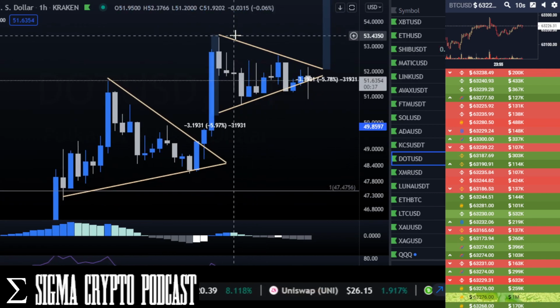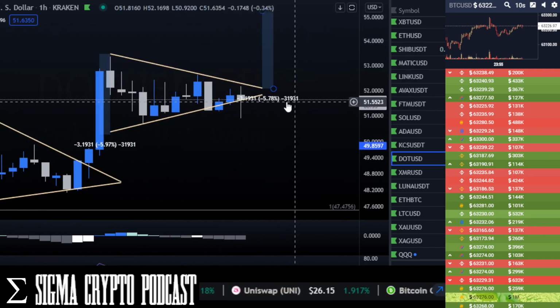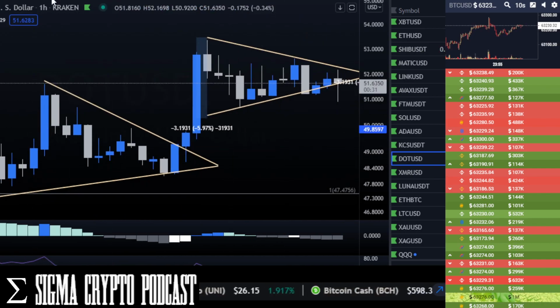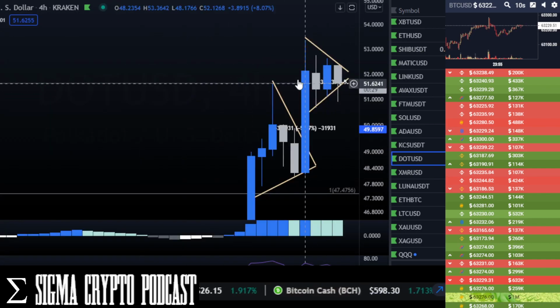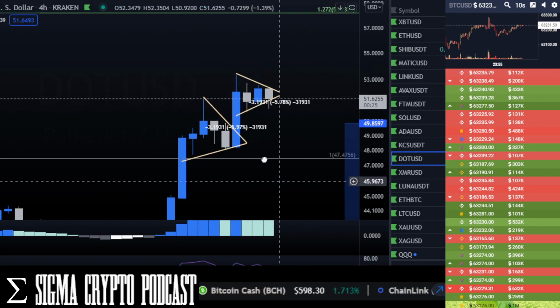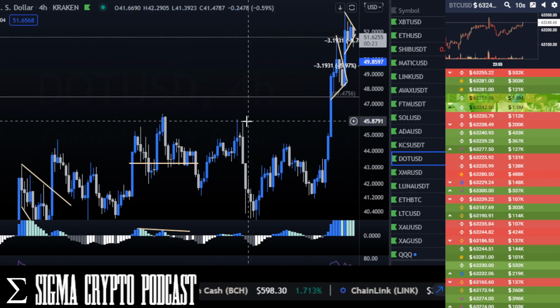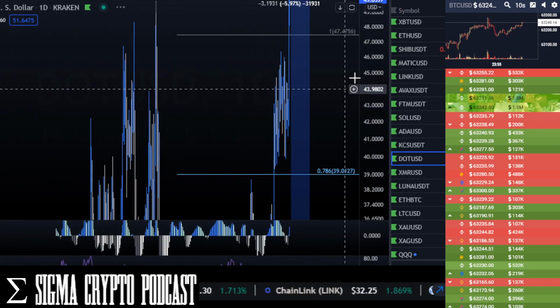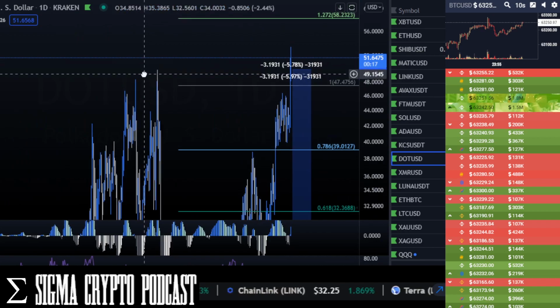You can see the market movers. Was it right here? No, that was recently. Sorry, I've got to zoom out more. Here's the previous all-time high right here.